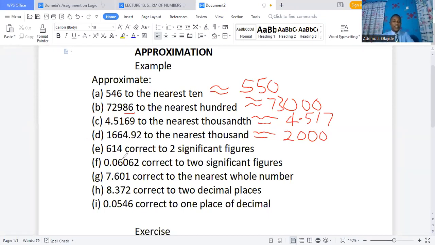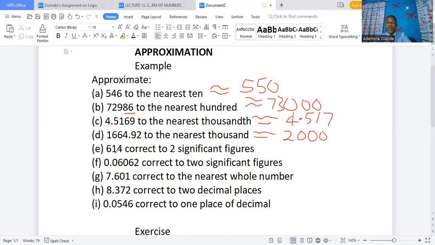Then for E, 614 correct to 2 significant figures. 2 significant figures means that you have to count the first 2 non-zero digits. Once you count the first non-zero digits, any 0 you see next is eligible to be counted. So here now, to 2 significant figures, you count this digit, this digit, 2 digits. That's 1, 2. We have counted 6 and 1.